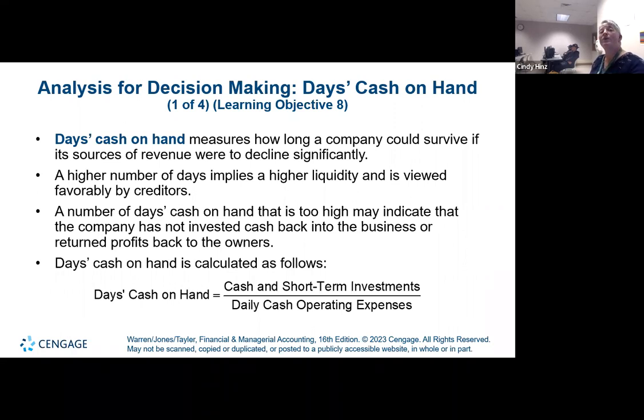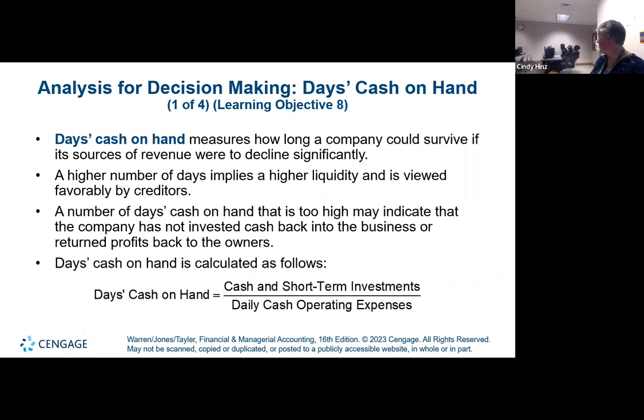How long can we survive? How long can we continue to pay our bills with the cash we already have? Or another way of saying that is, when would we run out of cash if we don't get any more in? And you can see there the calculation for days cash on hand is cash and short-term investments.